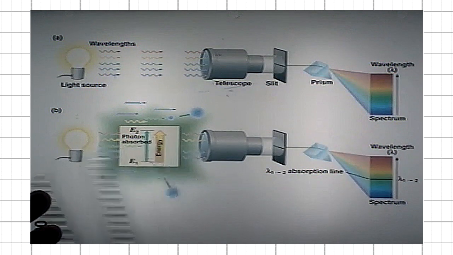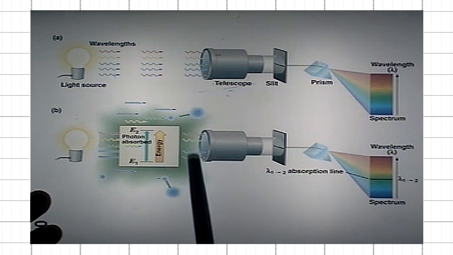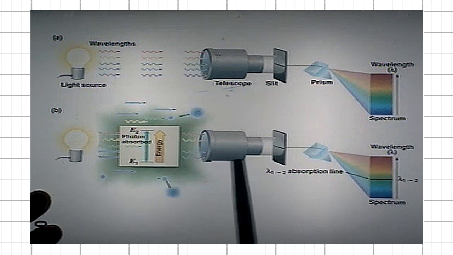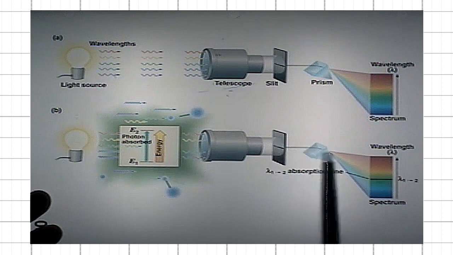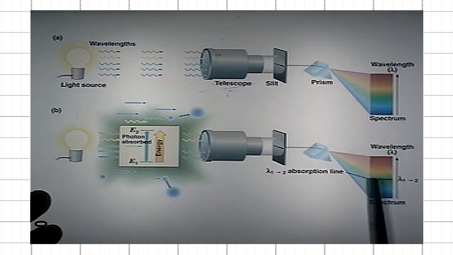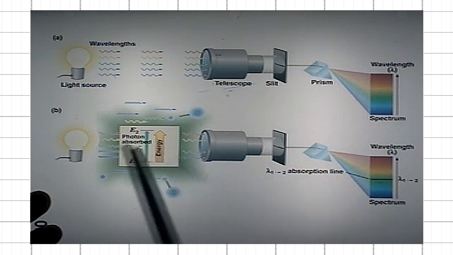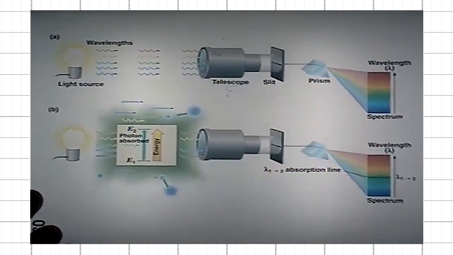Those photons will be taken out. They will be missing, okay? So now when you collect the light, and you again collimate it and pass it through the prism, now that green line is missing because it's been absorbed, right? So this is so-called absorption line.